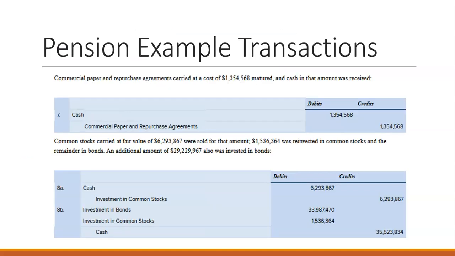Other journal entry examples involve our investments, so investing in commercial paper, stock, and bonds. In the statement of net position, you would see that they had a mixed portfolio of stock, bonds, and commercial paper, with a higher investment in bonds than in stocks and commercial paper.